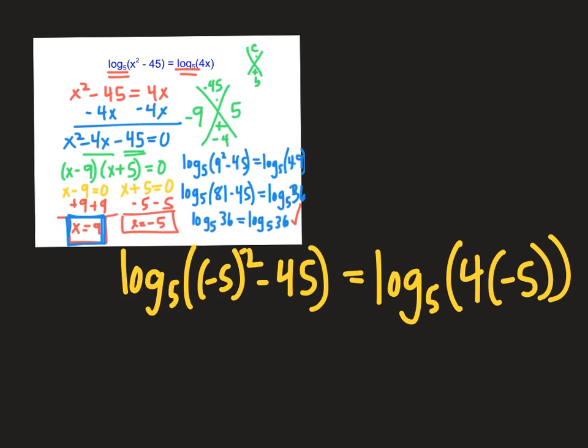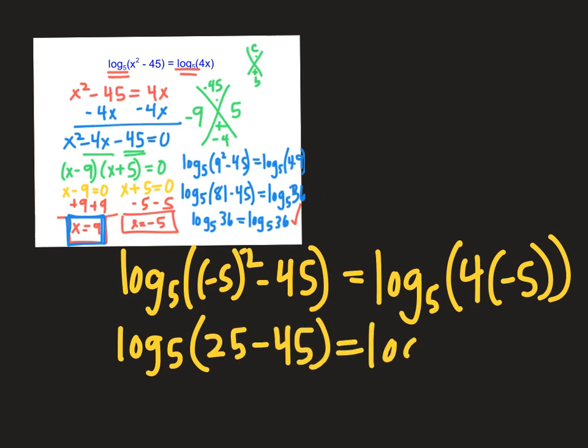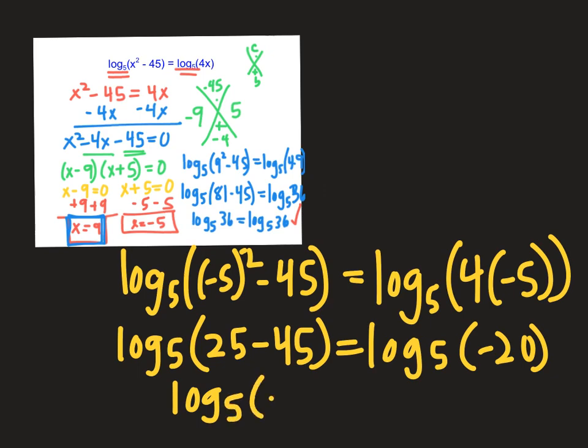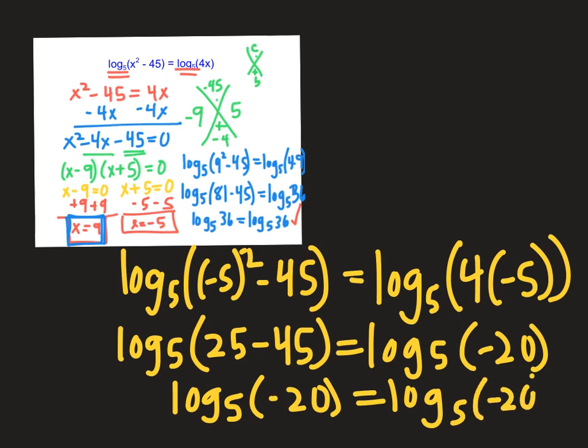If I square negative 5, I get 25. So we have log base 5 of 25 minus 45 equals log base 5 of negative 20. All right, 25 minus 45 gives me a negative 20. So really I have log base 5 of negative 20 equals log base 5 of negative 20.